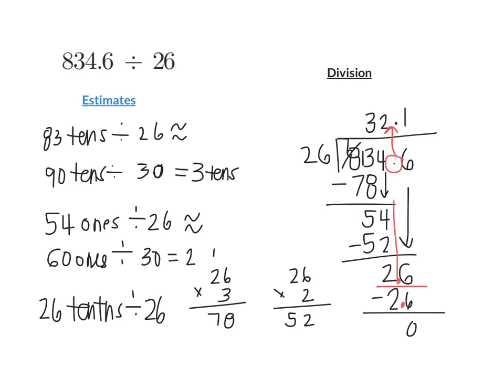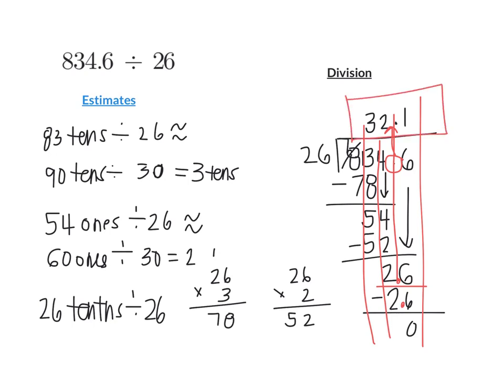So you'll see that when we divide, all the place value, we could do this on a place value chart. Right? Do you guys agree? This would all be in the tenths place. This is all the ones place. This is all the tens place, and this is all the hundreds place. Okay, we have to keep things lined up. So what's my quotient? 32 and 1 tenth.